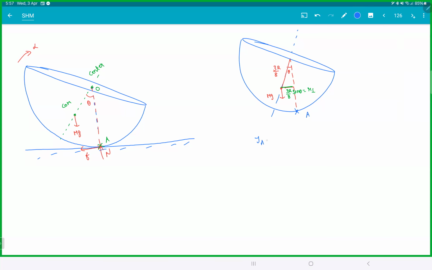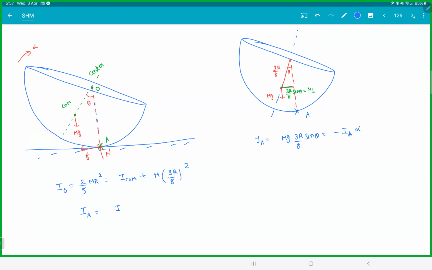So torque about A will be mg 3r/8 sine theta is equal to minus I about A alpha. How much will I about A be? So IO will be 2/5 mr square, which is nothing but ICOM plus m into the parallel axis theorem 3r/8 whole square.